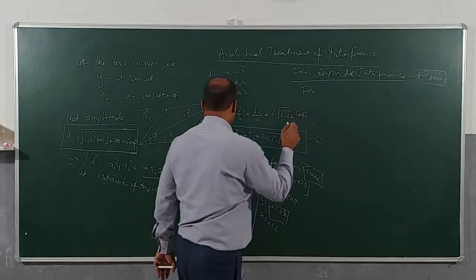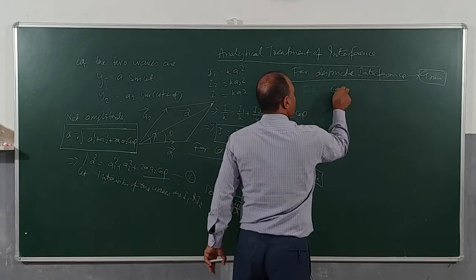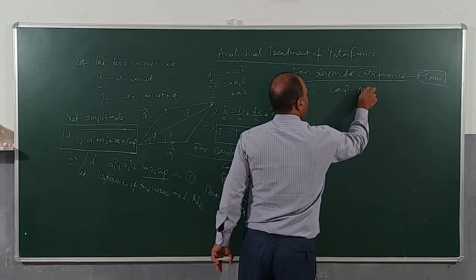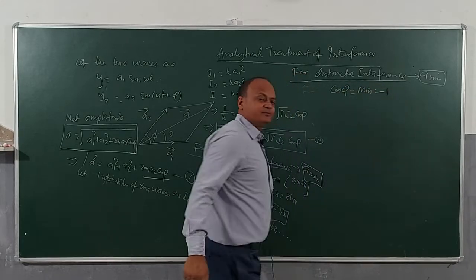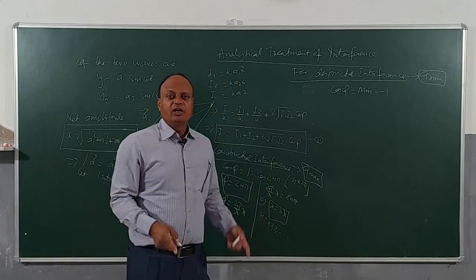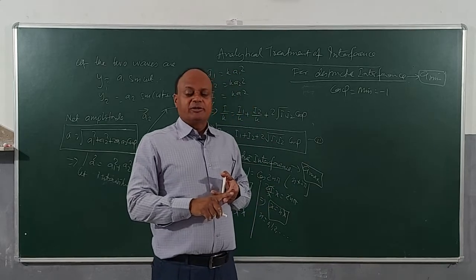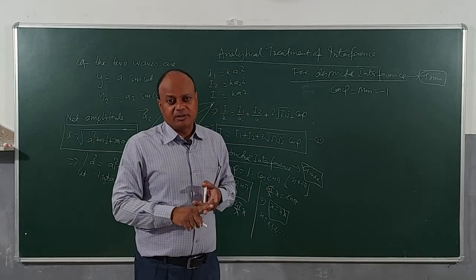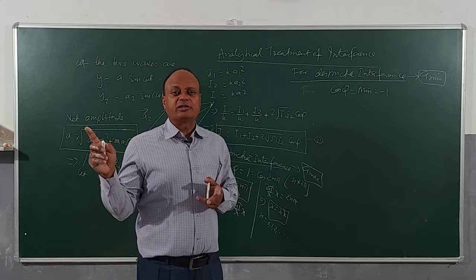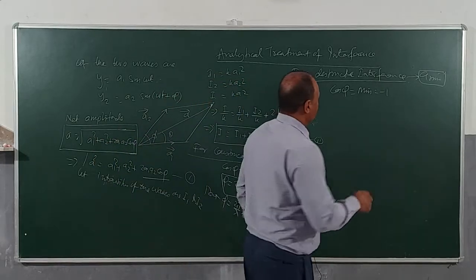So for destructive interference, the condition is cos phi should be minimum, and the minimum value is -1. And we know that cos of odd multiples of 180 is -1. Cos 180 is -1, cos 540 is -1, right? So cos phi is -1.